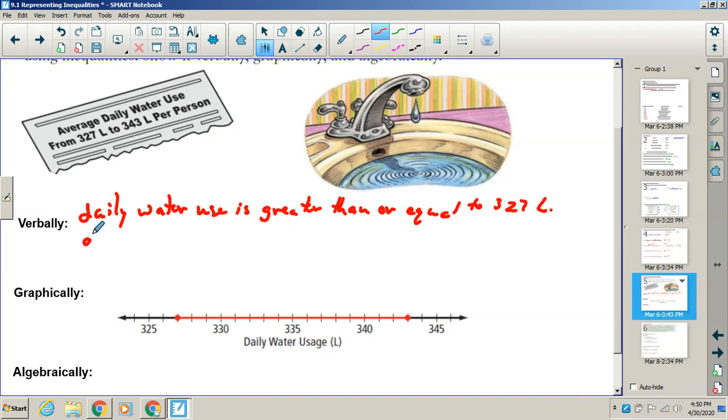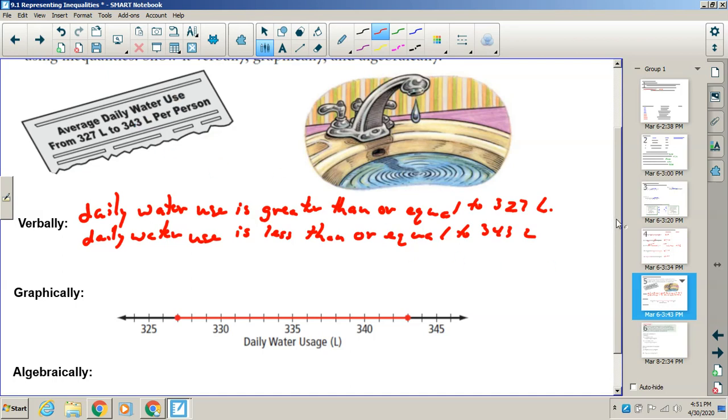So the other part of this is daily water use is less than or equal to 343 liters. So that's verbally describing what's going on in the headline. So daily water use from 327, including 327, to 343, including 343. Nothing less, nothing more.